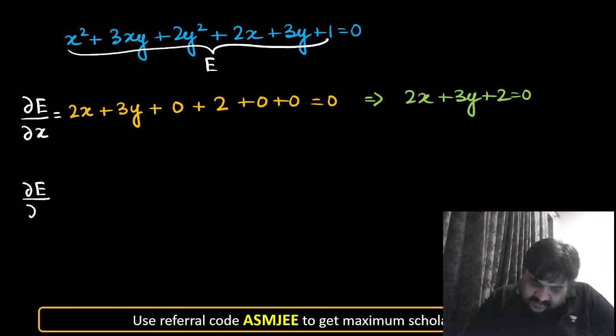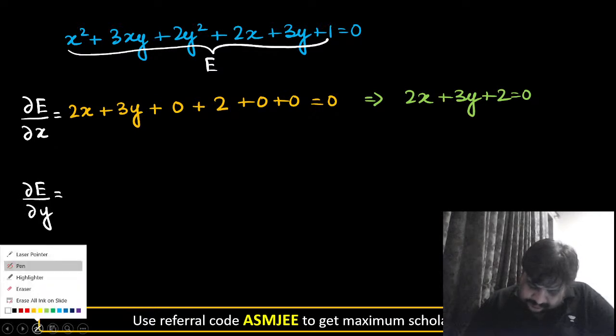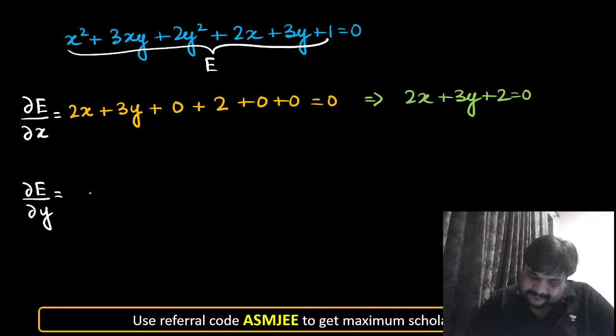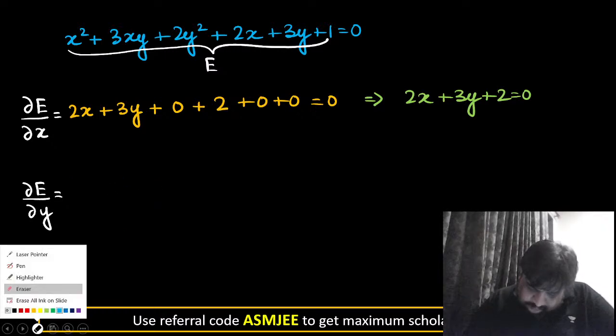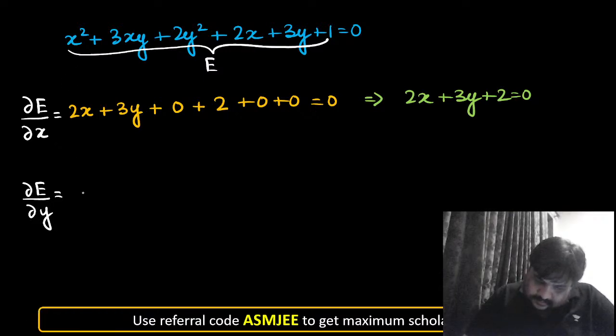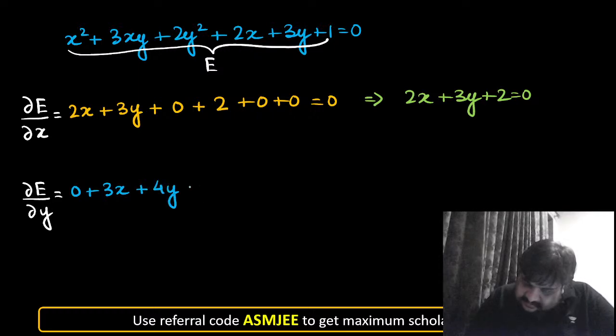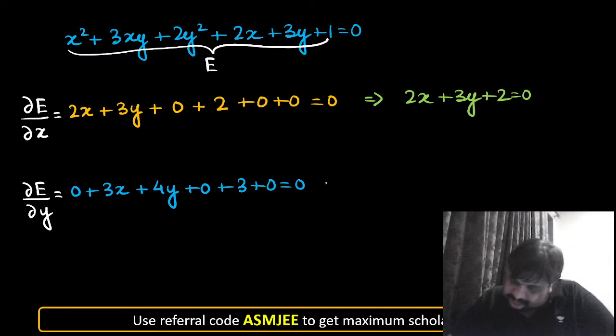Now what about del E by del Y equal to 0? It is 0 plus 3x plus 4y plus 0 plus 3 plus 0 equal to 0, which gives 3x plus 4y plus 3 equal to 0.